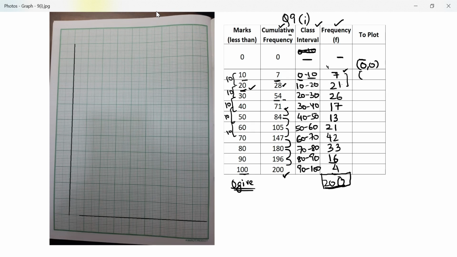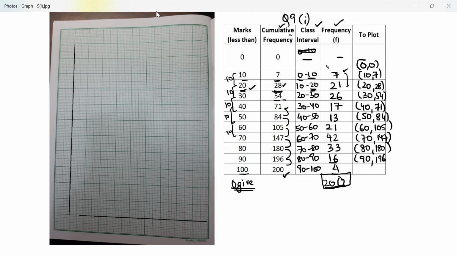The next will be 10 with 7, and then upper limit with cumulative frequency: 20, 28, 30, 54, 40, 71, 50, 84, 60, 105, 70, 147, 80, 180, 90, 196 and 100, 200.